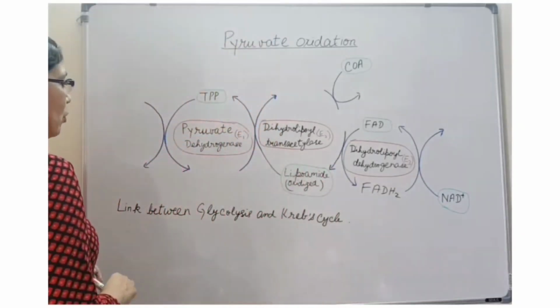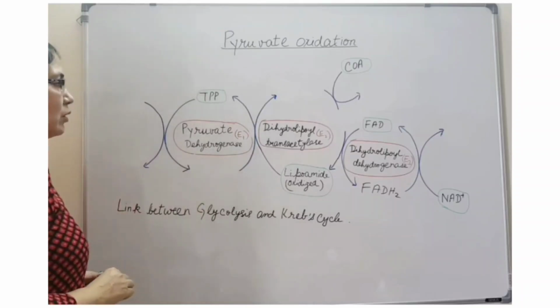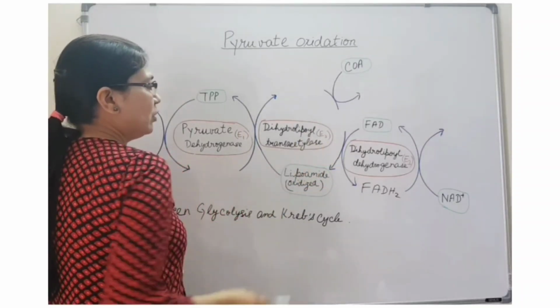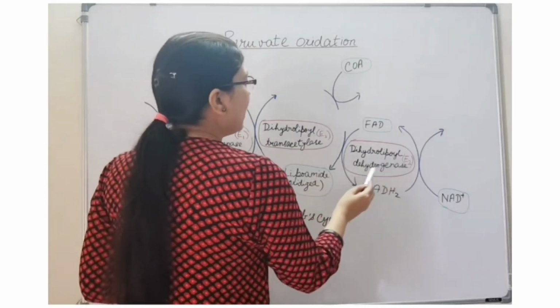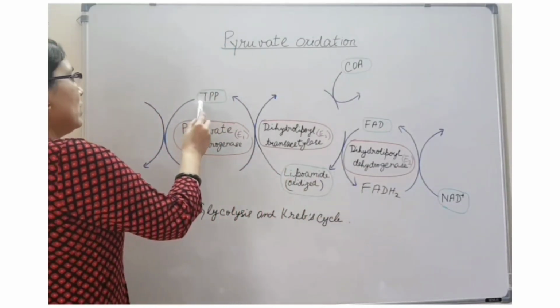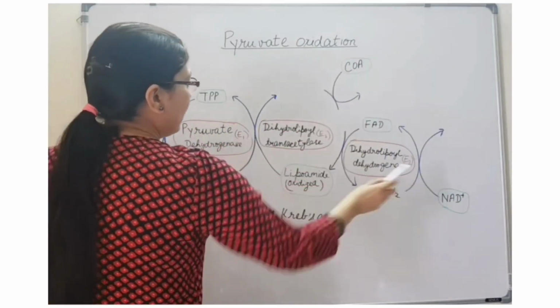Pyruvate dehydrogenase complex is an assembly of 3 individual enzymes: pyruvate dehydrogenase denoted as E1, dihydrolipoyl transacetylase denoted as E2 and dihydrolipoyl dehydrogenase denoted as E3. Coenzymes are thiamine pyrophosphate, lipoic acid, coenzyme A, FAD and NAD+.